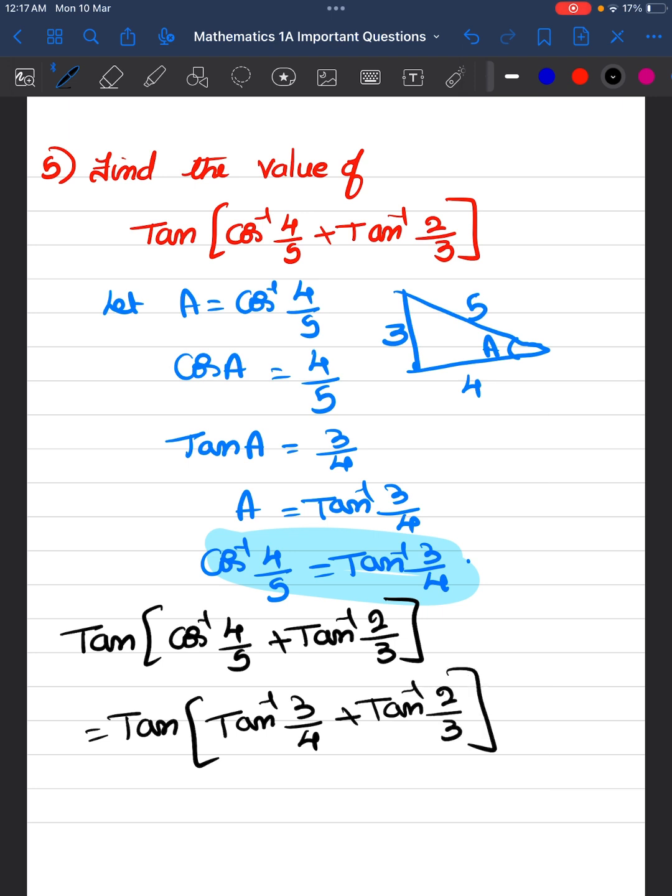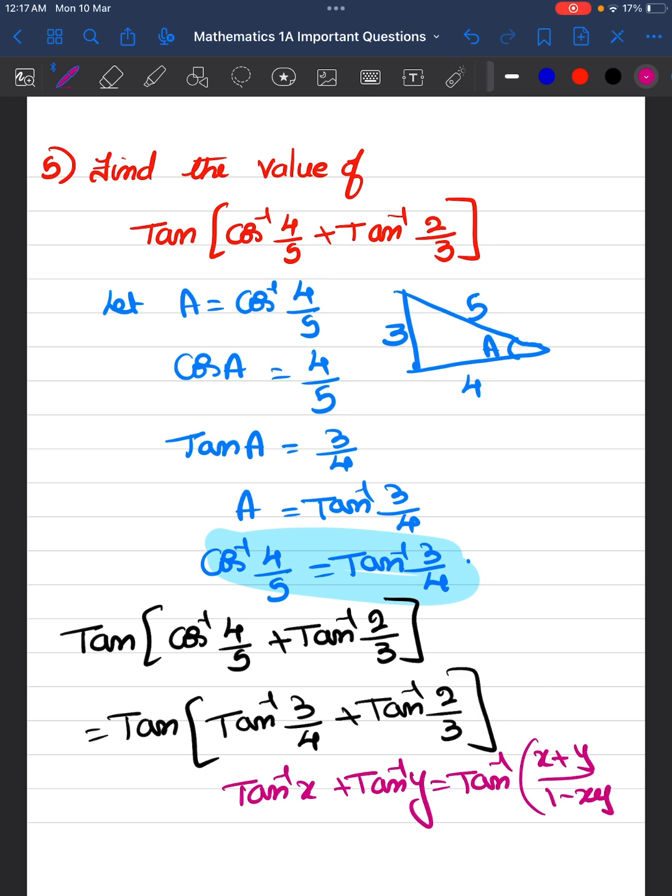Which formula do I need to apply? Again, we are using the same formula we used in the first and second problems. Tan inverse x plus tan inverse y is tan inverse of x plus y by 1 minus xy. Always remember this formula is applicable only for xy less than 1.